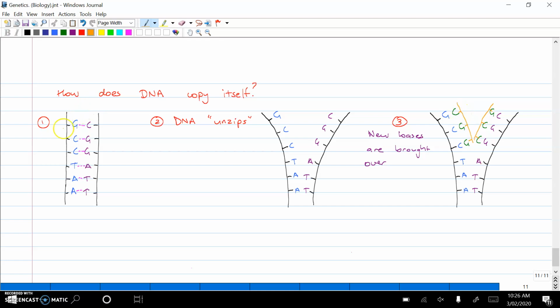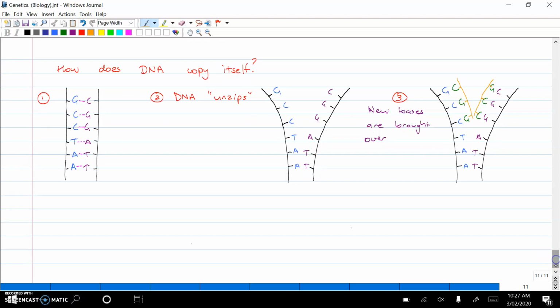So we started with our original DNA strand. It starts to unzip. The corresponding complementary pairs come over to the unzipped sides. And then, as a result, we have two DNA strands. Now, this unzipping process is going to continue the whole way down the DNA chain.